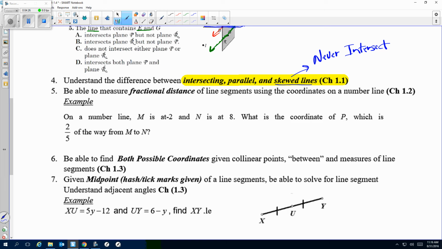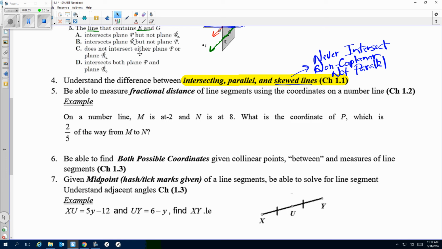What else? Non-coplanar, not on the same plane. And they're not parallel. So just make sure on a picture you can pick which ones would be the skew lines.